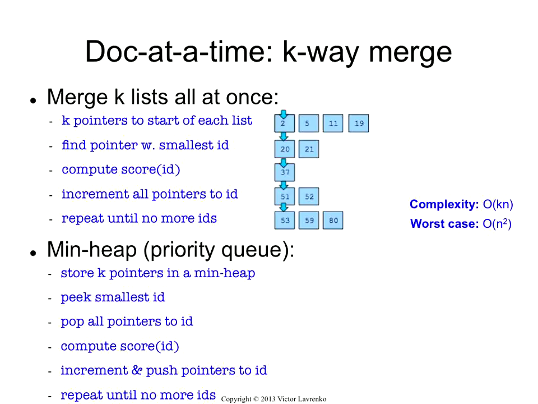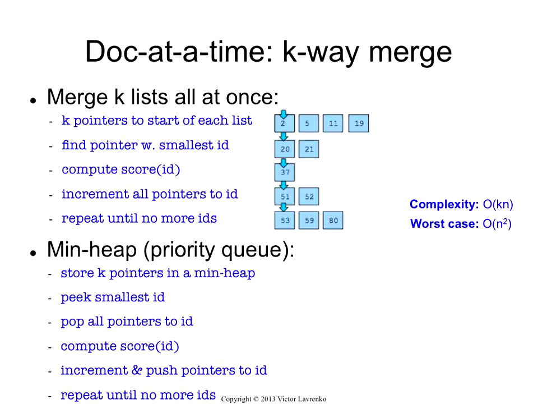You pop all the elements, all the pointers that point to that ID, and there could be one of them or there could be a number of them, right? Then you compute the score for that ID again. It could be in a number of lists, so you have to pop all of them, and the score has to be computed over all of those, because basically multiple popped elements mean multiple query words occurring in the document.